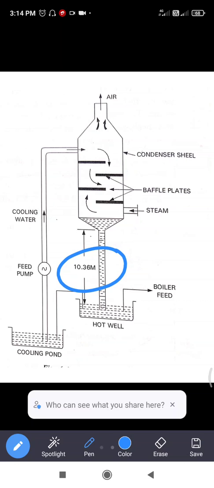In the high level jet condenser, the exhaust steam enters at the bottom while the cooling water is pumped in at the top. Thus, the counter flow is maintained and steam mixed with water gets condensed. The mixture of condensate and cooling water flows down to the hot well. The air is extracted from the top with the help of a dry air pump. This is the working of this high level jet condenser.